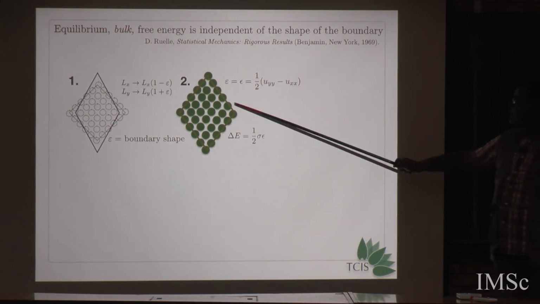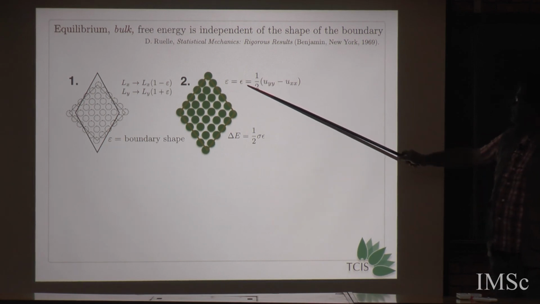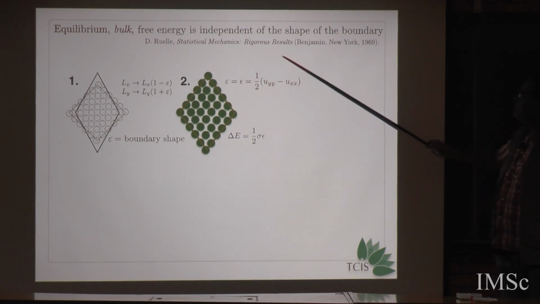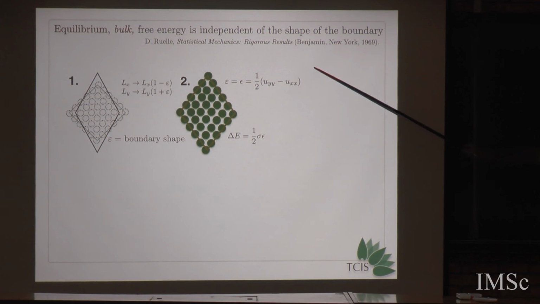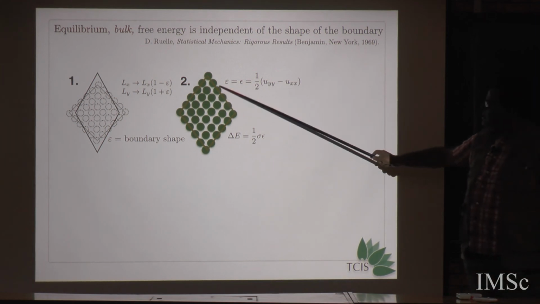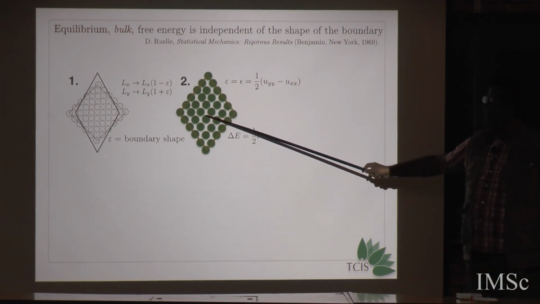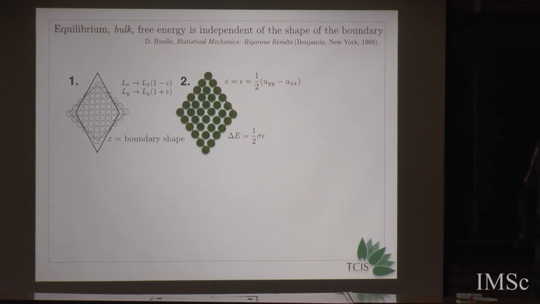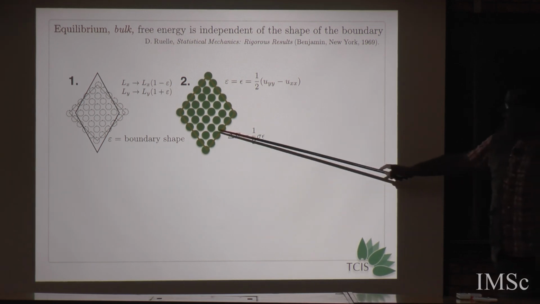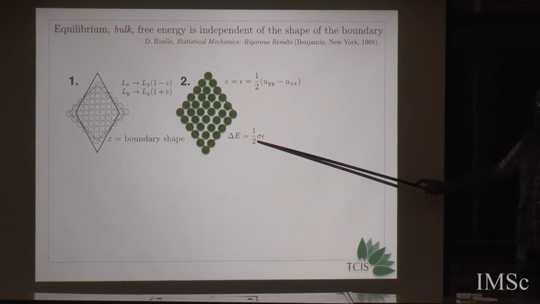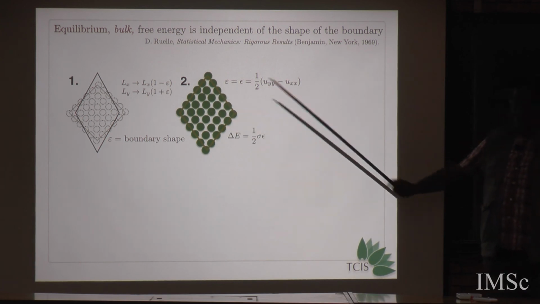In this case, the shape of the boundary will be equal to some elastic strain, and as a response to this strain, this crystal is going to produce stress, and half stress into strain is the energy.